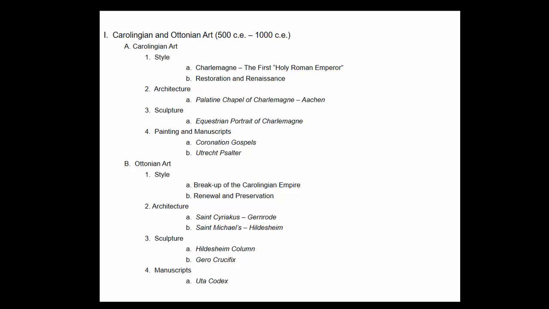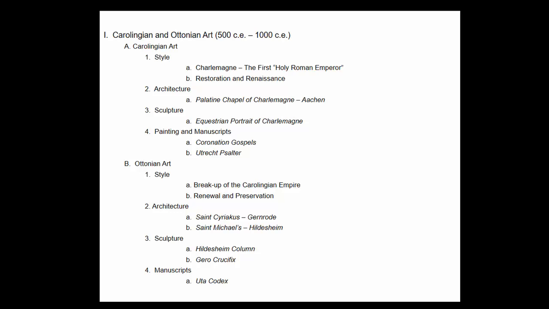Now, this is southern Germany. It's close to Italy and Austria and France. And so the Franks were a people who had been part of the empire in the time of Constantine.